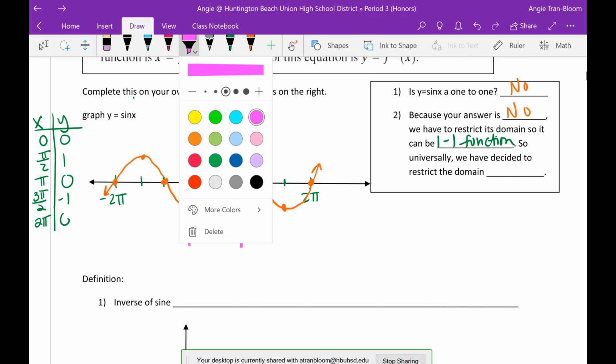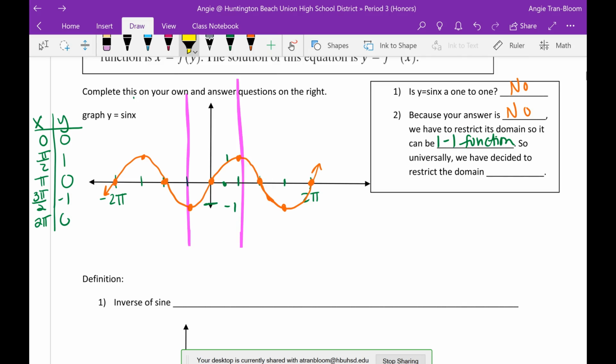Technically, though, let me ask you this. If another team said, I don't feel like using that, can I go here to here? Would that be okay? Yeah. It's still 1-to-1, but universally, we have to agree. Not because one's better than another, but we have to come up with the same answer for students. So which one's easier?